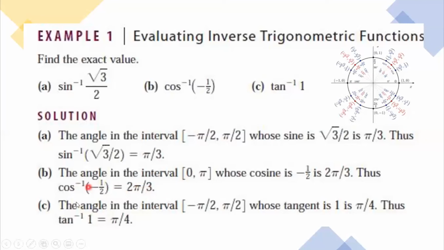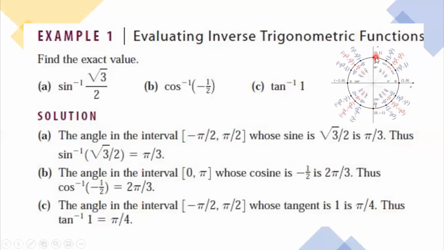For letter C, what is the tangent inverse of 1? This means that the angle in the interval negative pi over 2 to pi over 2, whose tangent is 1. What is the angle? So, locate the interval negative pi over 2 to pi over 2.